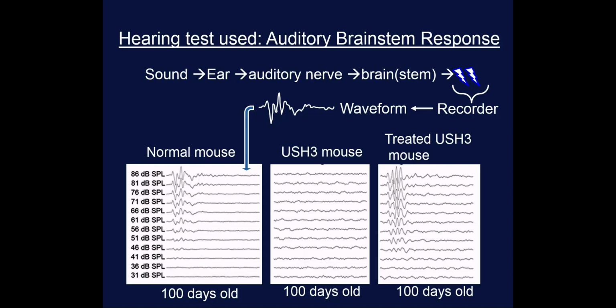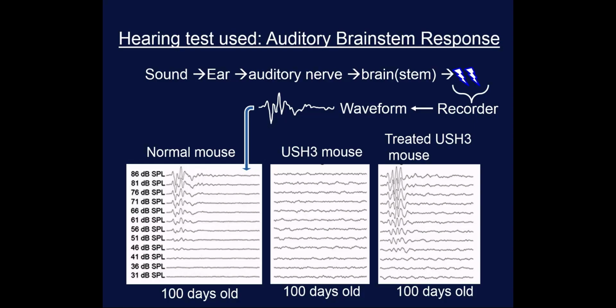The ear then provides a signal to the auditory nerve, which is then passed on to the brain, and from the brainstem you have an electrical response which is recorded by subdermal probes placed on the subject's head, and the hardware connected to this recorder converts that information to a waveform as shown in the bottom left panel under normal mouse. So this is the waveform you get when you have a normal hearing subject.